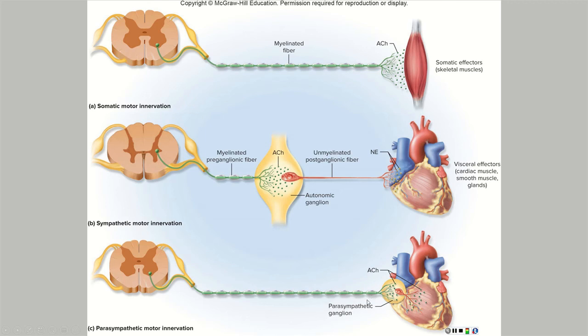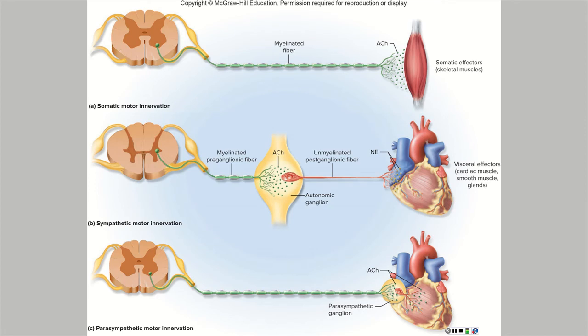So let's look at a couple of differences in the sympathetic nervous system versus the parasympathetic nervous system. First, we're going to look at the function of each.